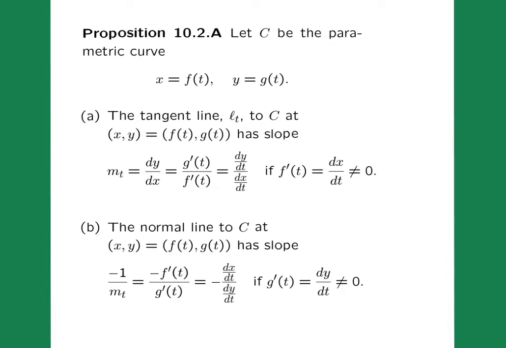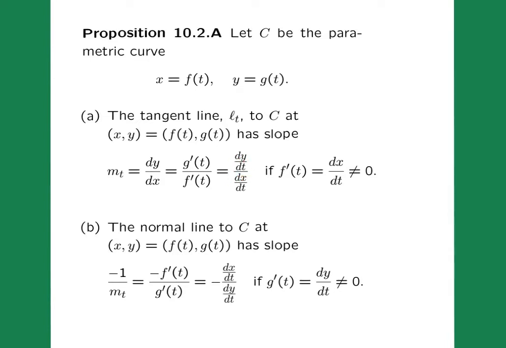So what is dy dx at t? It's just dy dt over dx dt. So if these dt's and dx's actually were numbers, you would have this natural cancellation of these dt's.